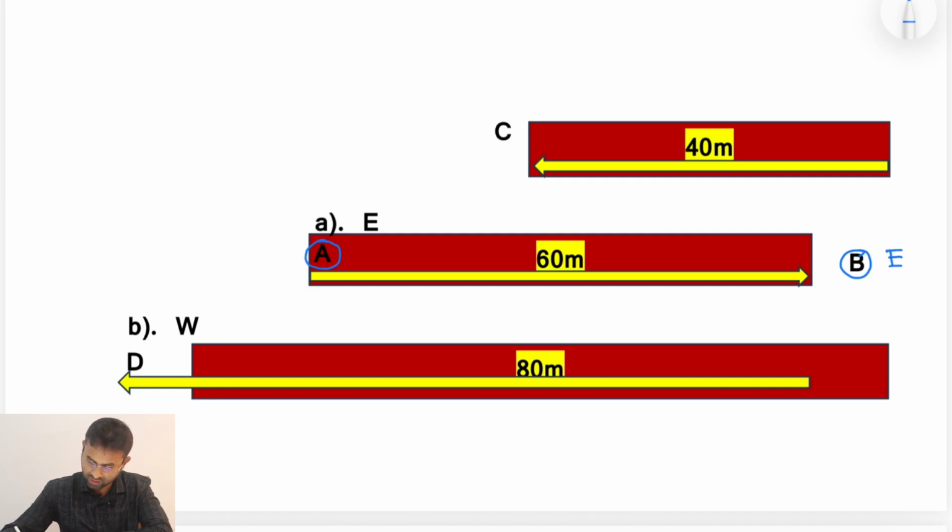Again, for question A, this car has returned 40 meter from the east to the west, at the point C. So ultimately the distance from A to C will be 60, that is west to east, minus 40 meter, that is the return distance.